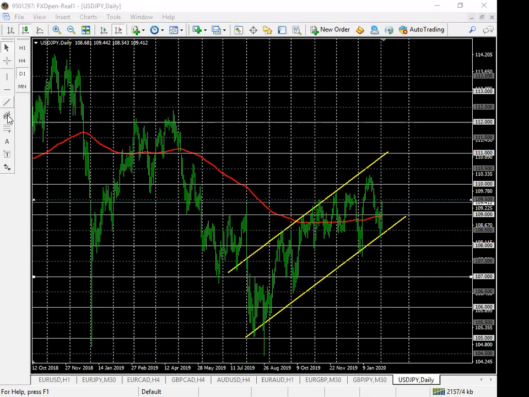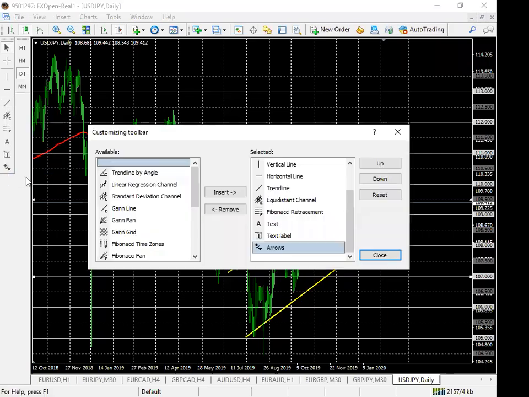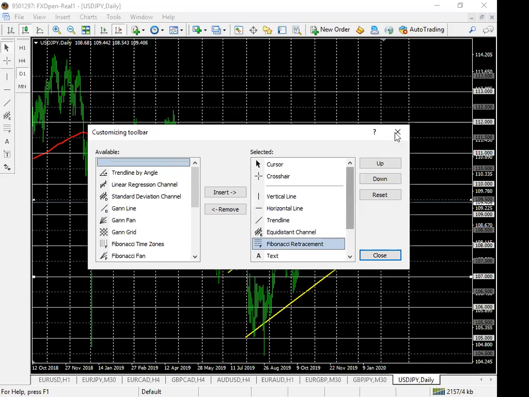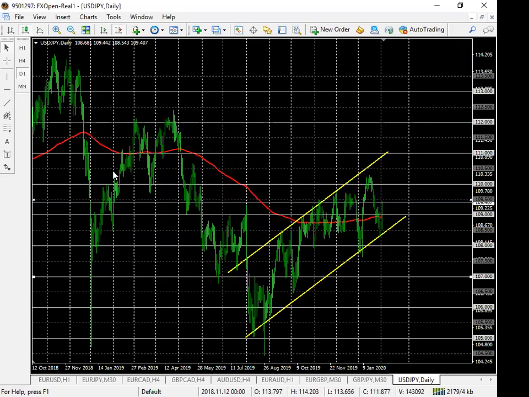I believe you can do that with just about anything. For example, if you don't want to use channels, trend lines, the Fibonacci or whatever the case may be, then you can just remove all of that. It helps you to focus on the 2 or 3 things that you're going to be using.